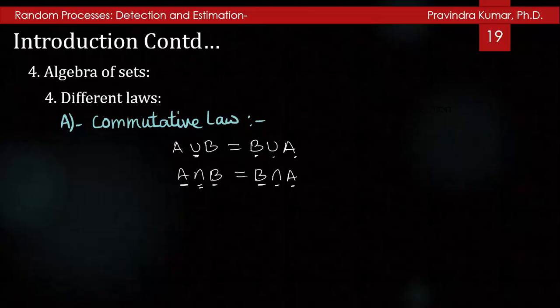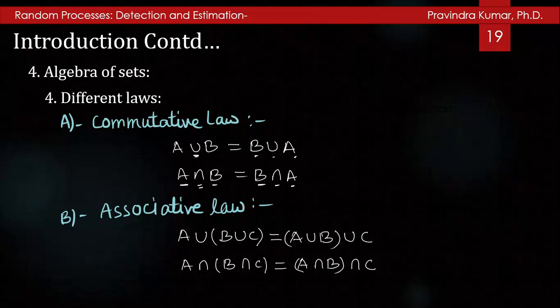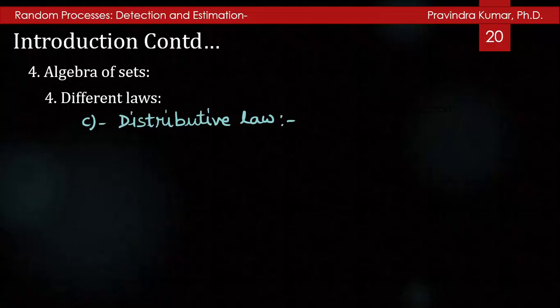Another is the associative law. According to this, A union B union C is equal to A union B, union C, and A intersection B intersection C is equal to A intersection B, intersection C. So I can take first A intersection B, or B intersection C. Another is the distributive law.